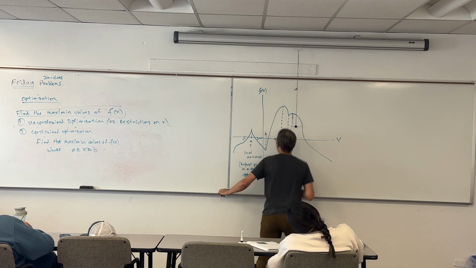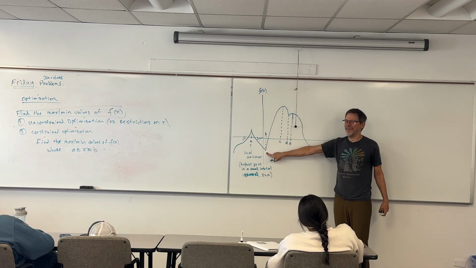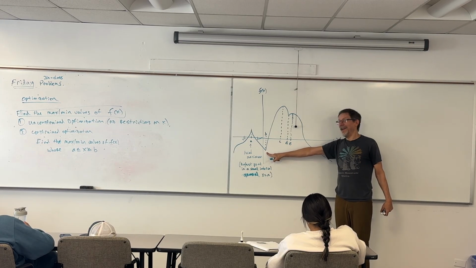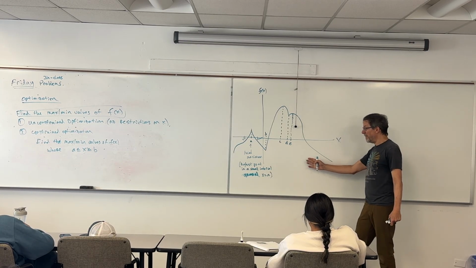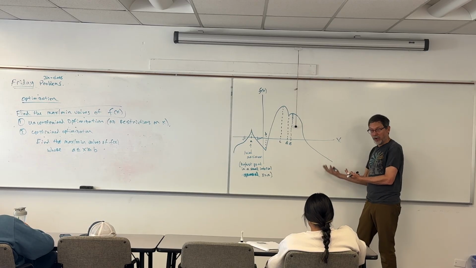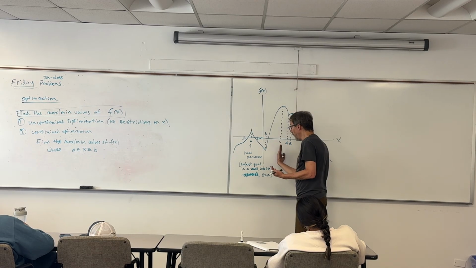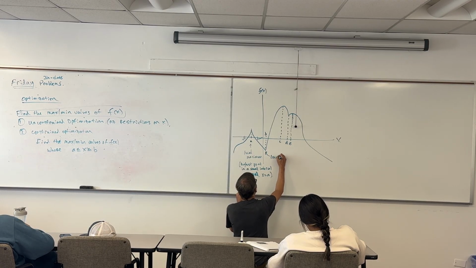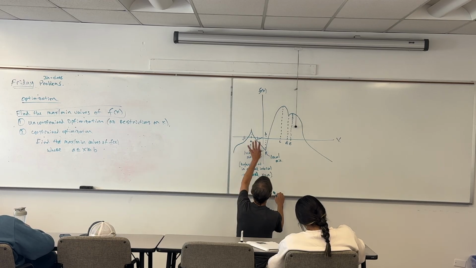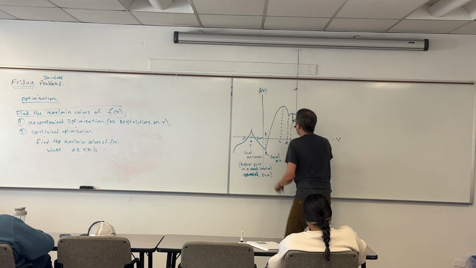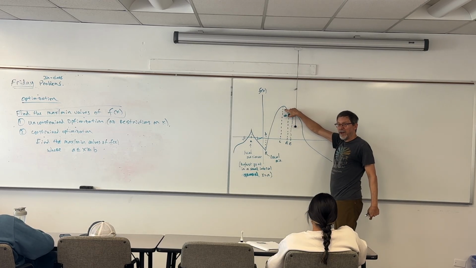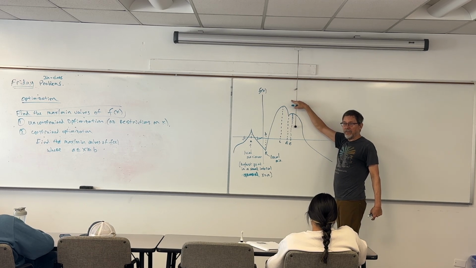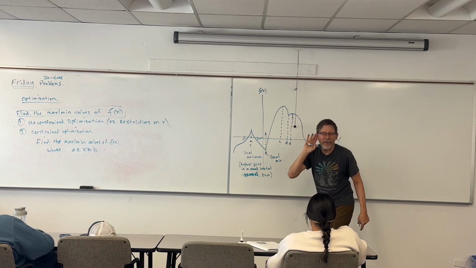What do you think this point's called? That's a local minimum. It's not the lowest point on the whole graph, but in a region near B, it is a local minimum. So here we have a local minimum, nearby the lowest point. C, what do you think? Wait, you said something a little different, didn't you?